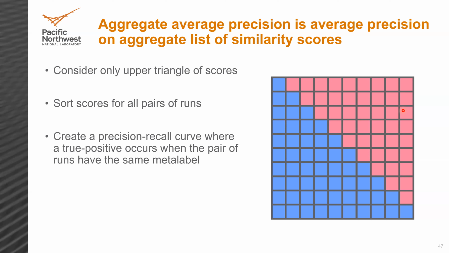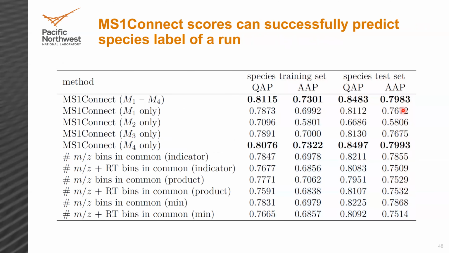All right, and so this is some quantitative results showing that MS1Connect scores consistently predict species label per run and outperform our baselines. Our baselines here are based off of binning MS1 features and calculating the scalar products. The 2 bolded values in each column are the second best performing method out of each column.